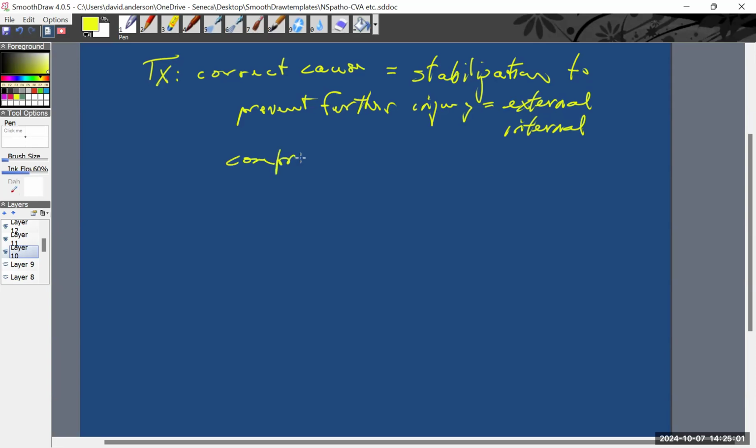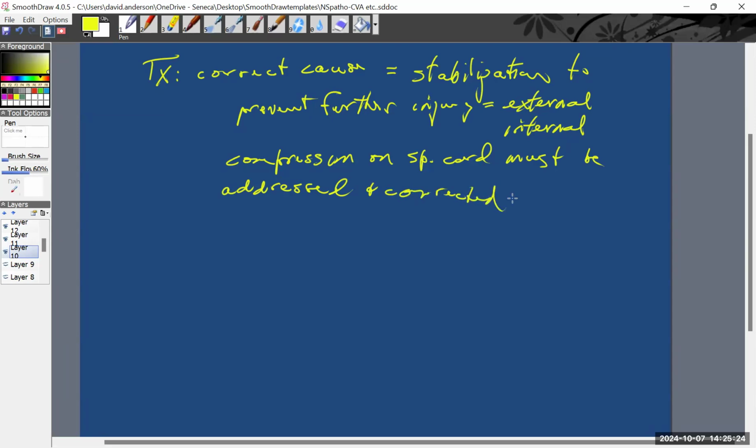Compression on the spinal cord must be addressed because that is the source of the injury, and corrected within 24 hours to minimize progressive damage, secondary injury.